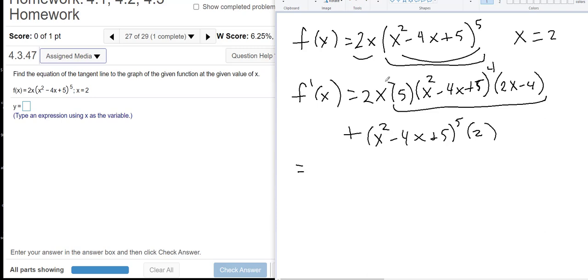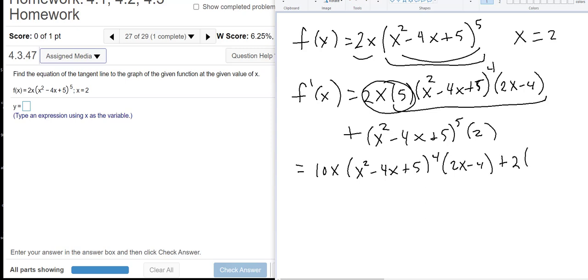I'm going to get this 2x times 5 as a 10x, and then x squared minus 4x plus 5 to the fourth, 2x minus 4, and then I'm going to put the 2 in the front, so 2 times x squared minus 4x plus 5 to the fifth. Now, there are some other things you could do by factoring out a common factor, but you don't have to, so let's just leave it like that because they're not asking us to actually write the derivative. They're asking us to find the equation, and we're just going to plug in the point.